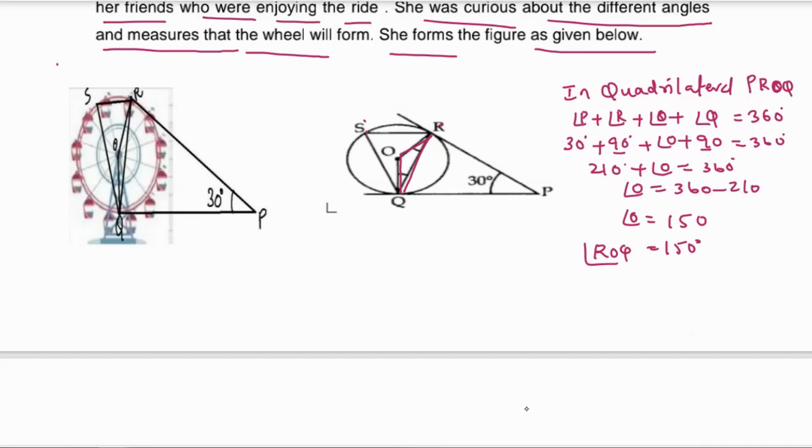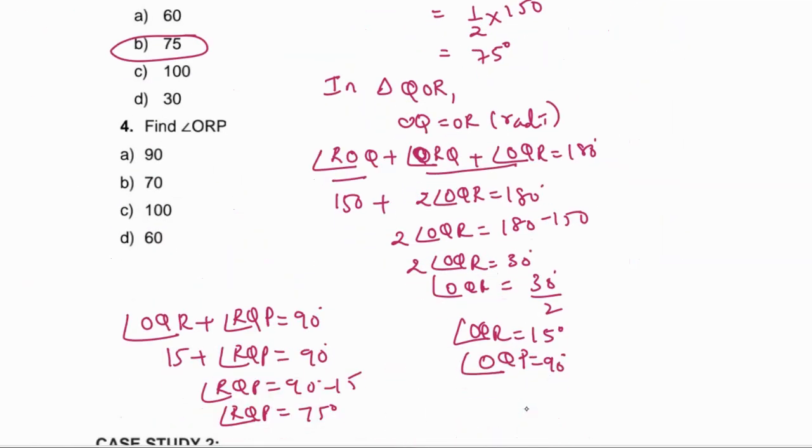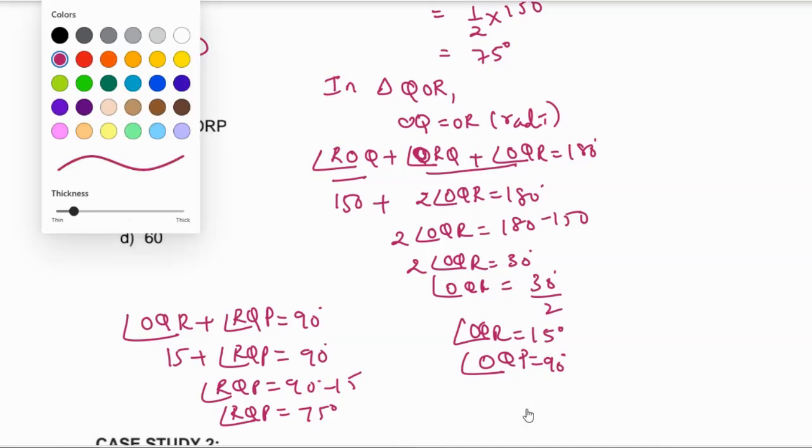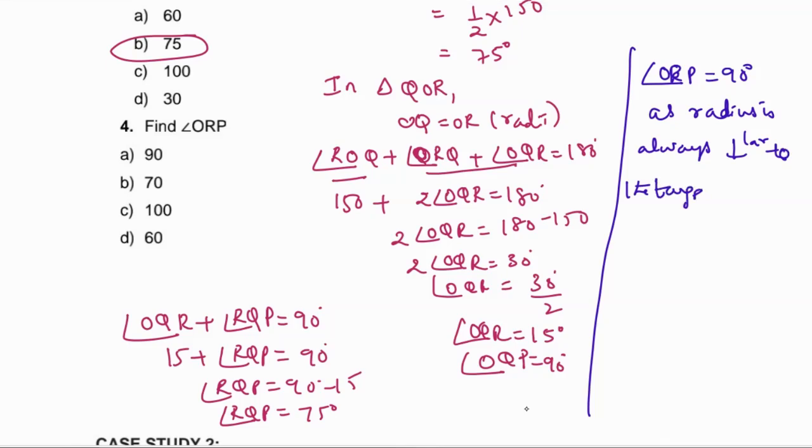According to the question, we have to find angle R. So here we can write that ORP is equal to 90 degrees, as the radius is always perpendicular to the tangent at the point of contact. Therefore, the angle is 90 degrees.